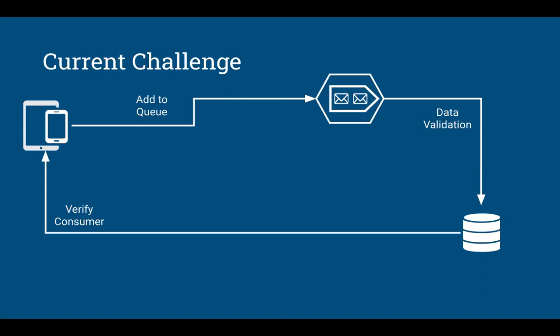So then the contracts are stored in GitHub in their repository. And then the provider tests, what the providers do is they pull down the latest version of that GitHub repository. They grab all the XML files and they put them on the queue. So once they put them on the queue, they then start polling the database to see whether the processing has completed and whether it was a success or a failure.